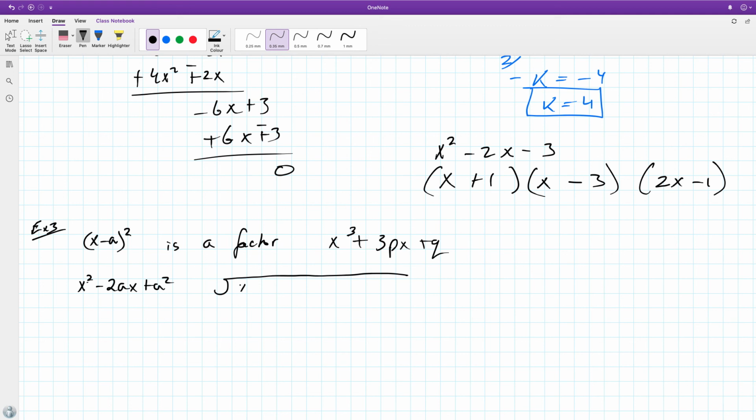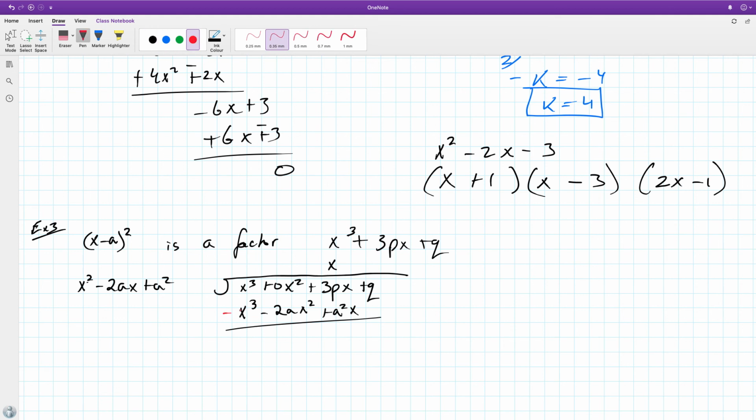Long division into x cubed plus 0x squared plus 3px plus q. x squared into x cubed goes x times. x by x squared is x cubed. x by minus 2ax is minus 2ax squared. x by plus a squared is plus a squared x.